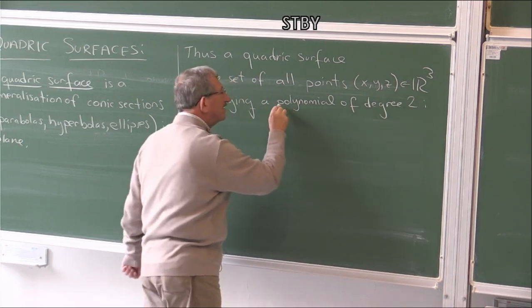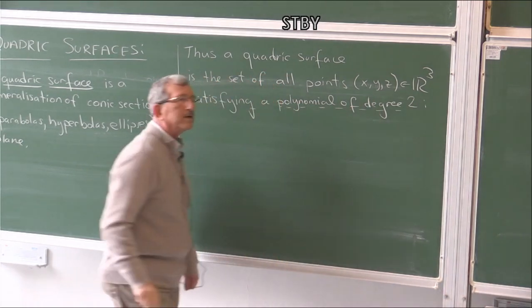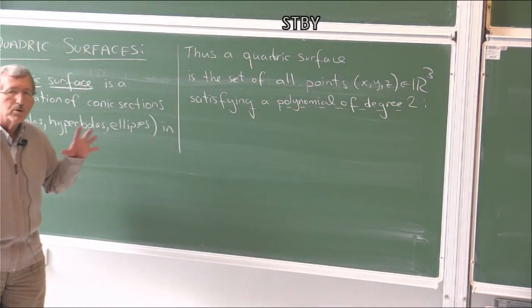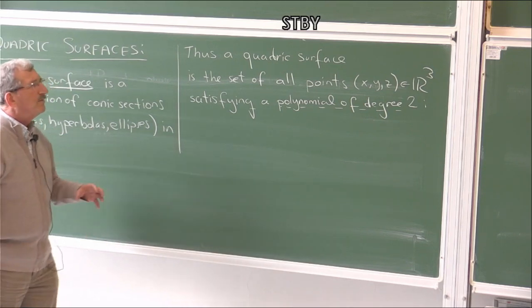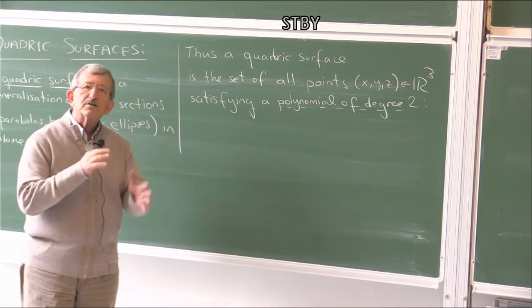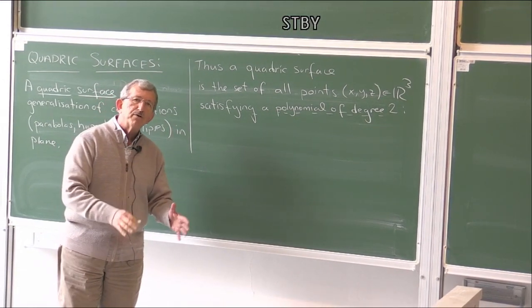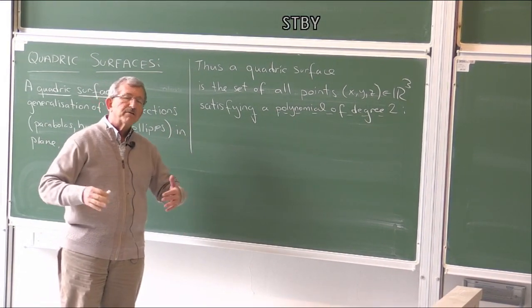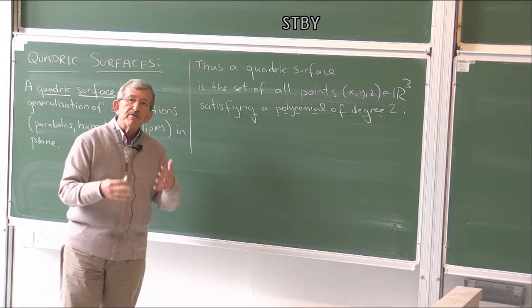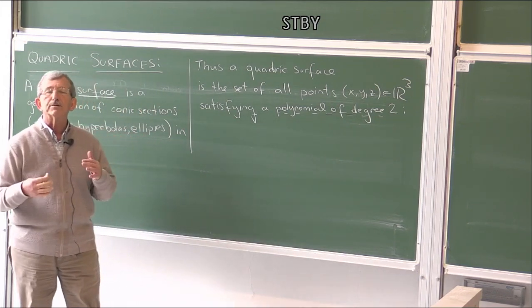Now, we did not define such polynomials in three variables, so I will write it down. It simply means that you have products of x, y, and z's multiplied by coefficients and then added, but these products will never contain more than two variables.